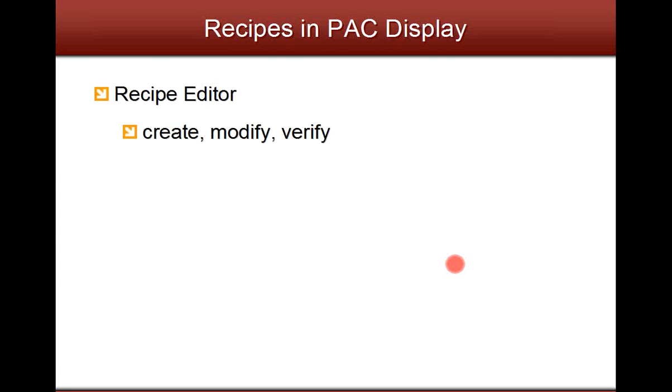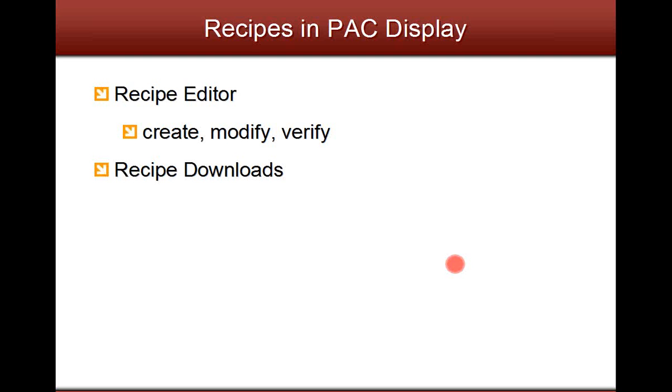So today in this demo, we're going to start with the recipe editor in PAC Display. With older versions of PAC Display, you had to actually create a text file using Word or Notepad, and you had to hope you got the syntax exactly right. We've made it easier with a recipe editor that builds your recipe files for you, which greatly speeds up development and minimizes errors.